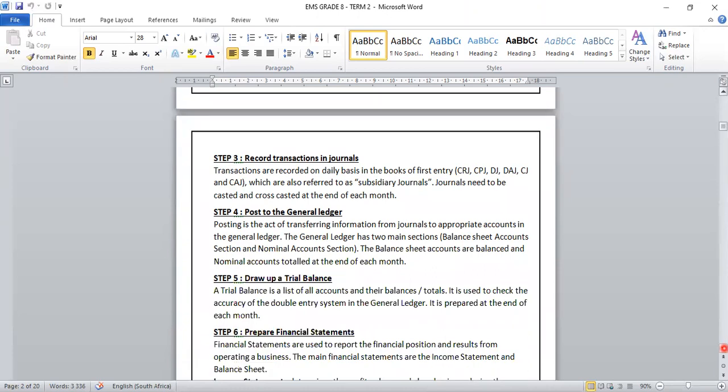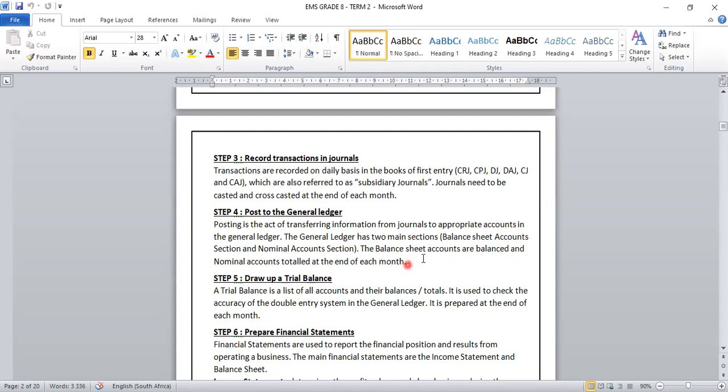After the journals are added and totaled, they have to be posted to the general ledger, which is step 4 of our accounting cycle. Posting is the act of transferring information from journals to appropriate accounts in the general ledger. The general ledger has 2 main sections, which are the balance sheet accounts section and the nominal accounts section.